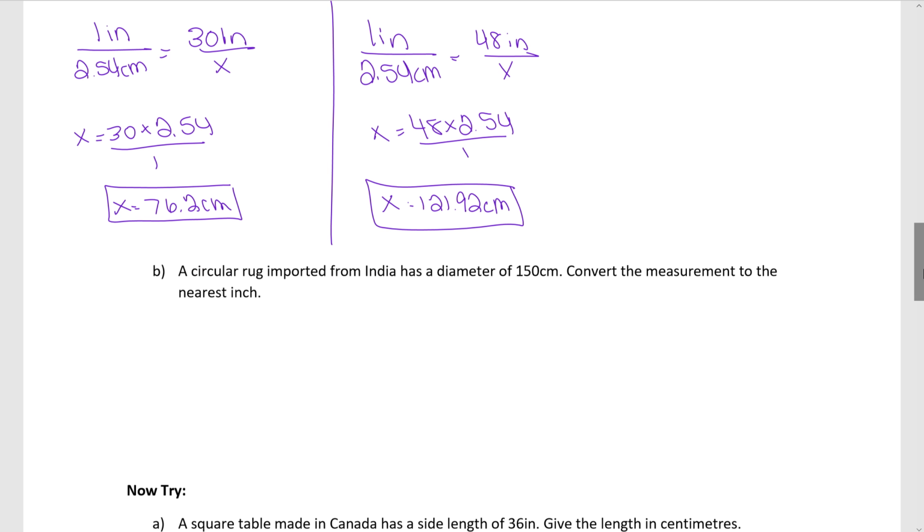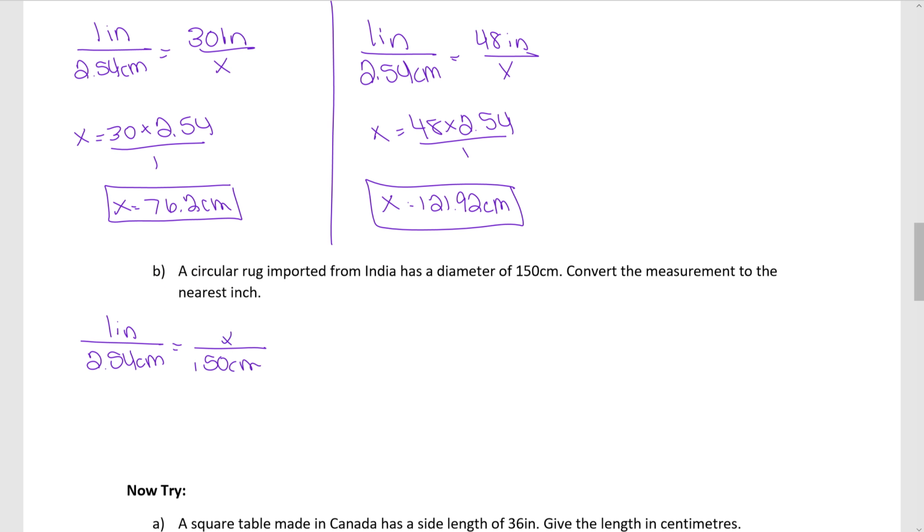A circular rug imported from India has a diameter of 150 centimeters. Convert that measurement to the nearest inch. So we're going to use the same conversion rate, that 1 inch is equal to 2.54 centimeters, but this time, because our measurement is centimeters, it goes in the bottom, so it lines up with the 2.54.